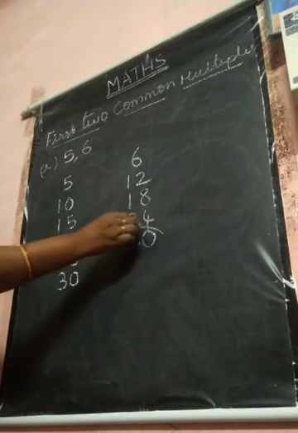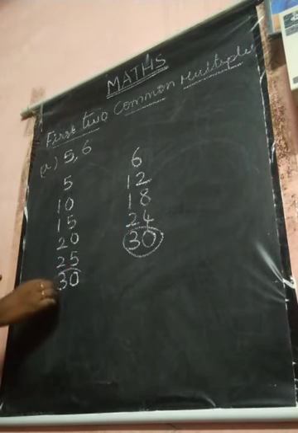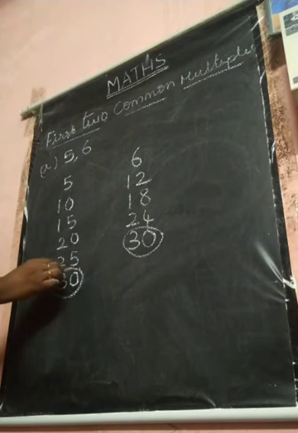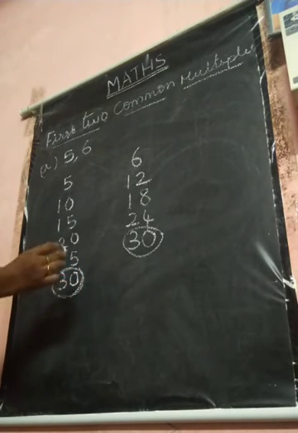Here also 30. This is the first common multiple of 5 and 6.